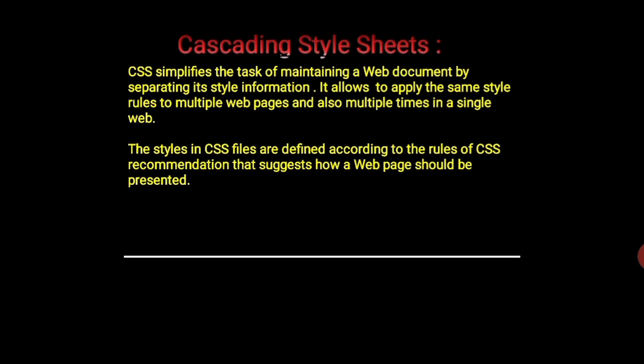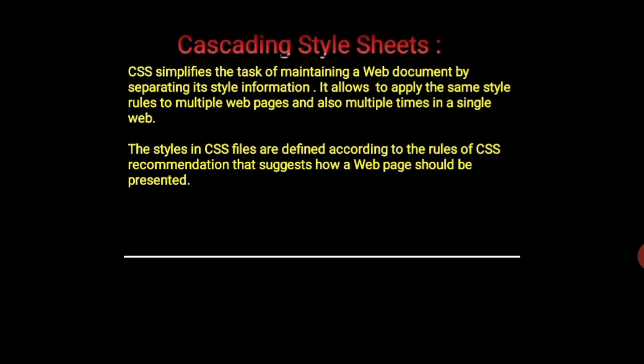But in CSS, if we write all the code in one file, the same file can be imported into the main file, and we can execute the program and change the design or style of the program. That means the style can be changed without writing the code again and again.